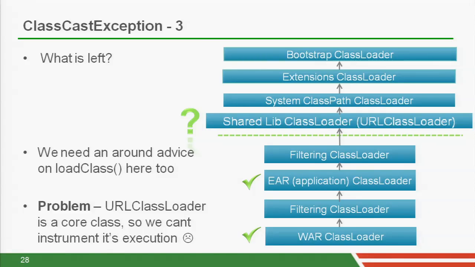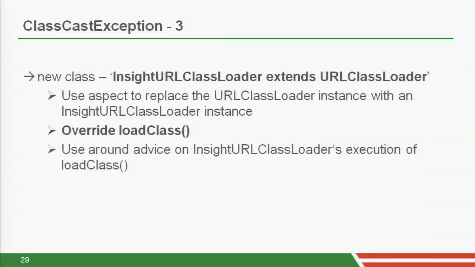So we took a different approach to this. What we did is we created our own class. It's called Insight URL Class Loader. And all it does is simply extend the URL class loader, and we override the load class. Now this override does nothing. All it does is call super.loadClass, and it's done.